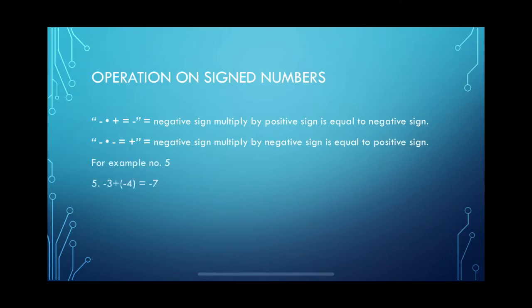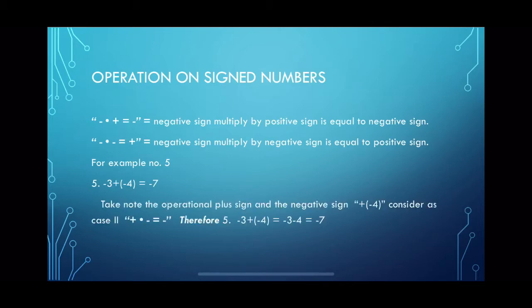So for example number 5, we have negative 3 plus negative 4 is equal to negative 7. Take note of the operational plus sign and the negative sign on the negative 4, which is considered as case 2, which is positive multiplied by negative.